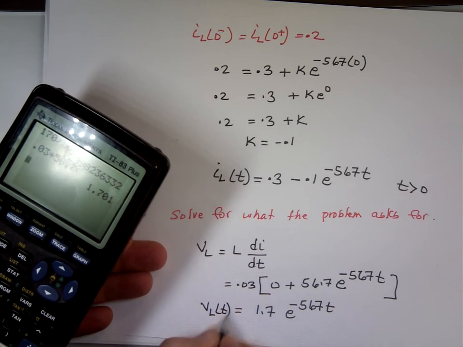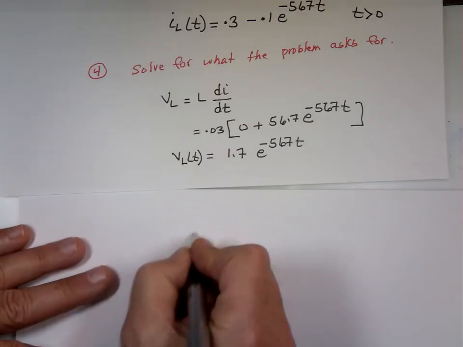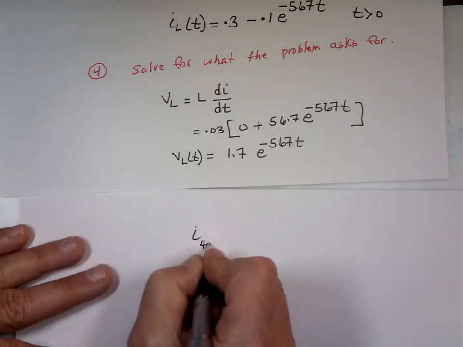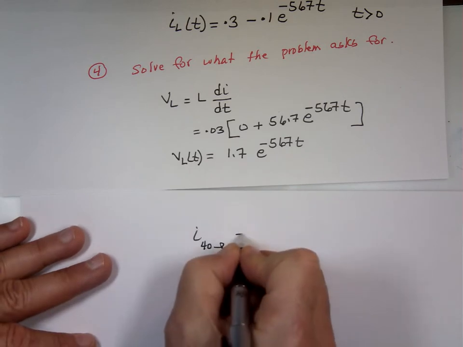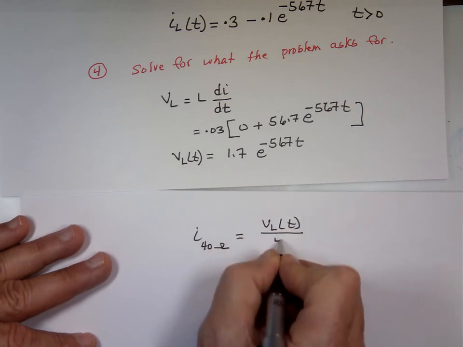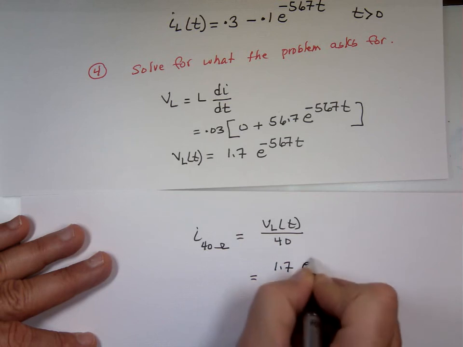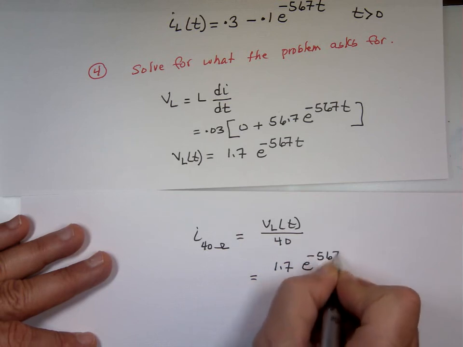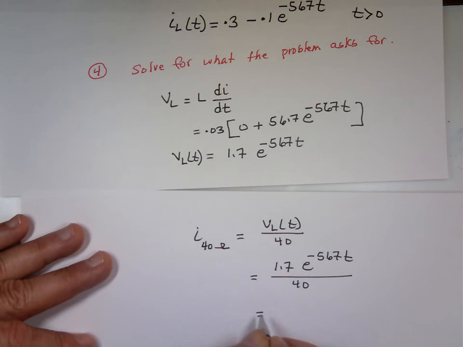And once I have that, divided by 40. So the current through that 40 ohm resistor, is it 40 ohm or 400? 40 ohm is going to be VL as a function of time divided by 40. So it's 1.7 e to the negative 567t divided by 40. If you look at our book, they don't do them this way.